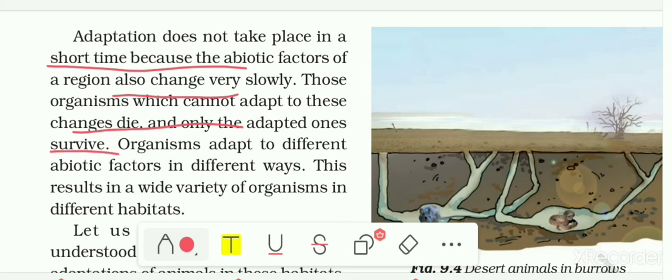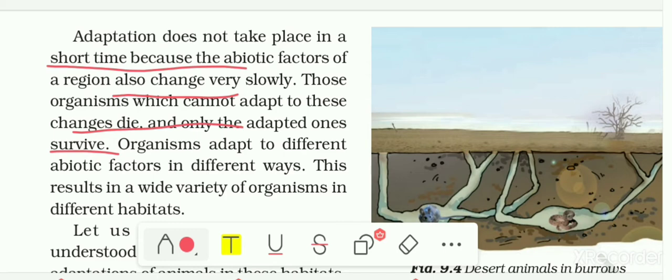The animals or plants which cannot adjust to such changes cannot survive in such a habitat, or you can say such a surrounding. And the animals or plants which can adapt to such changes in abiotic factors can survive in that particular surrounding.